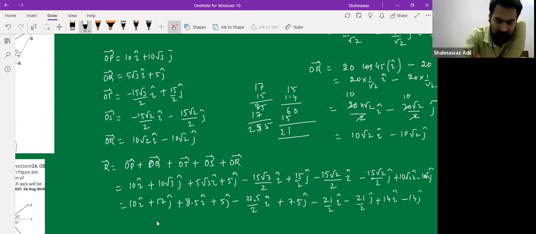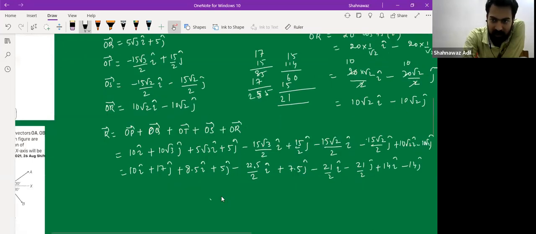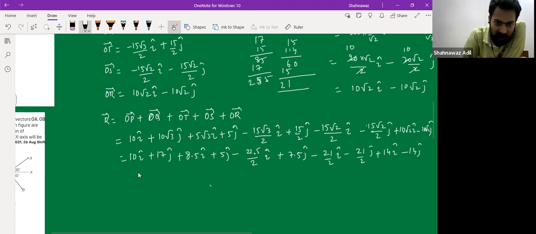Now this looks somewhat simpler, right? So this would be how much? 10i and then 8.5, so 18.5, and then okay. So this is how much? 11.25, right?